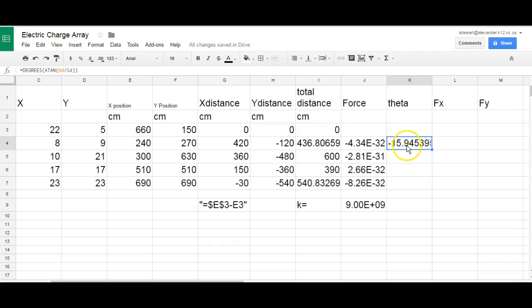Now we want to take these and find a different one. I think we might actually be able to drag this down, and so that gives us H4 over I4 or over G4. Yeah, there we go. And then these are our angles. So we get 86 degrees.